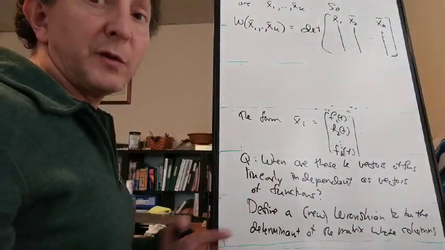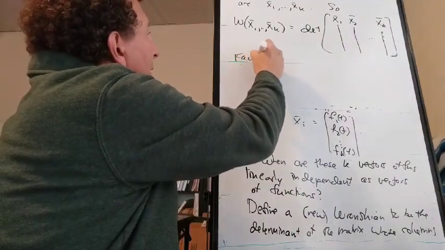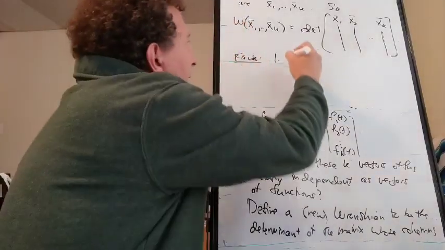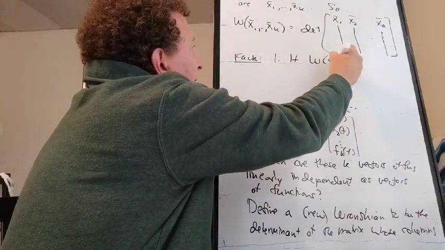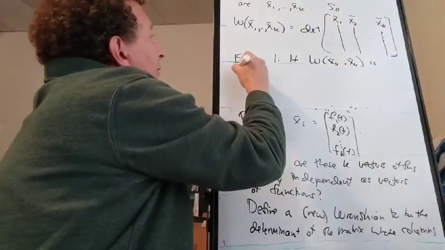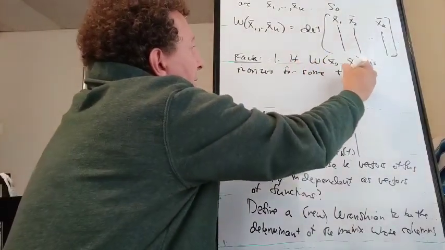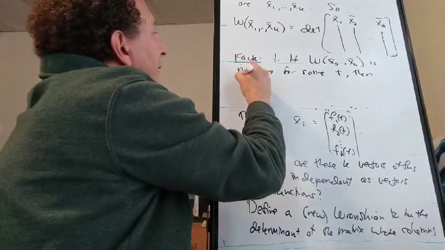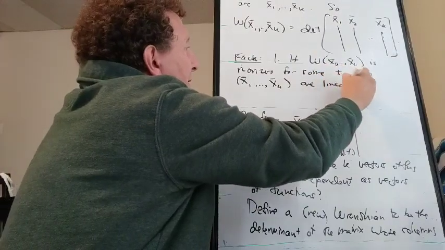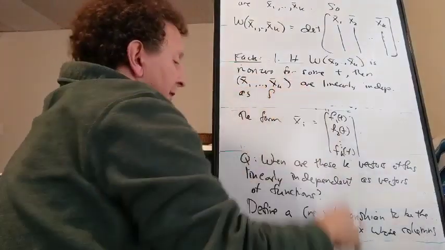All right, now we have two facts which are analogous to the facts we know about the other Wronskian. First of all, if the Wronskian of x1 through xk is non-zero for some t, then x1 through xk are linearly independent as vectors of functions.